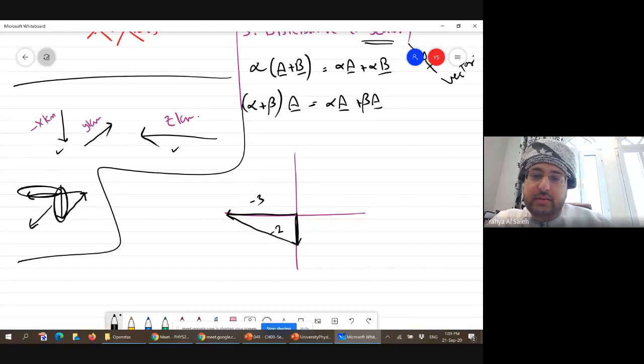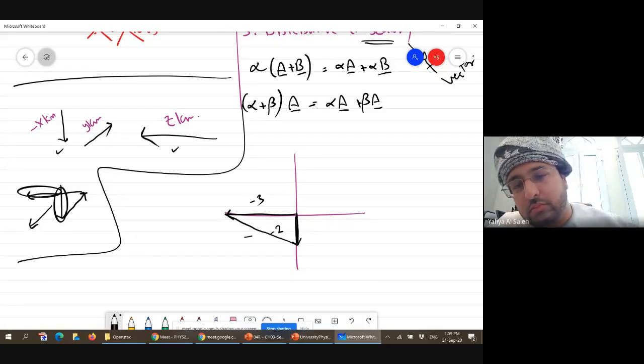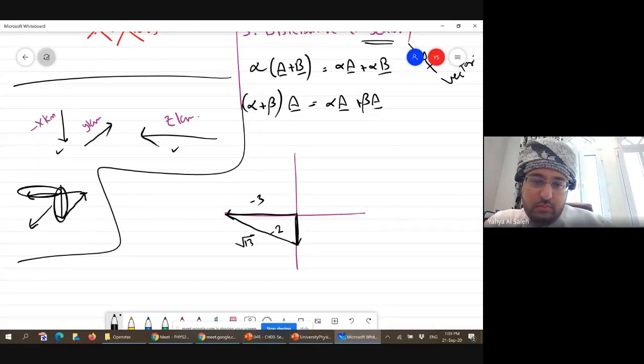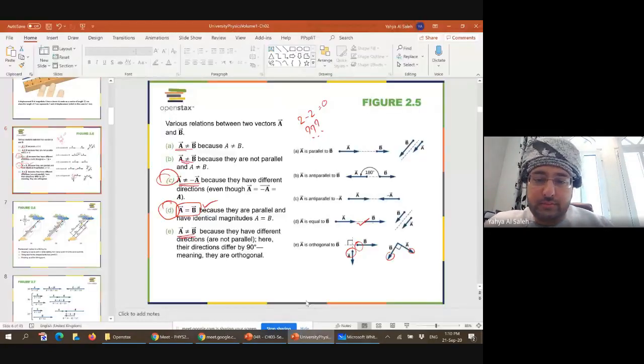Then what I get is this: 3 squared plus 2 squared, square root of 13. So this is square root of 13. Okay. Then I add this extra. Either way, we end up with a line in this way.